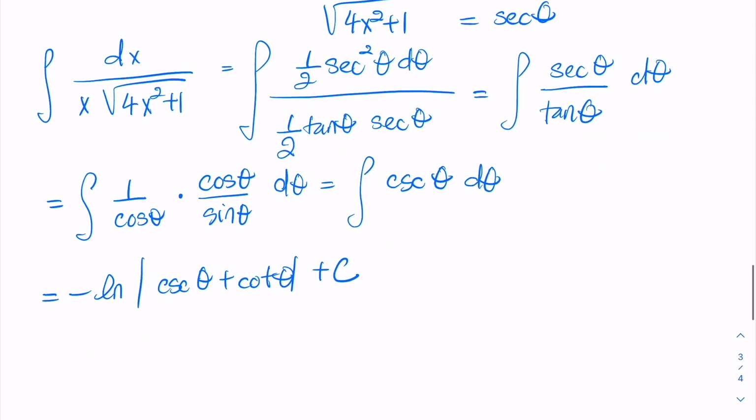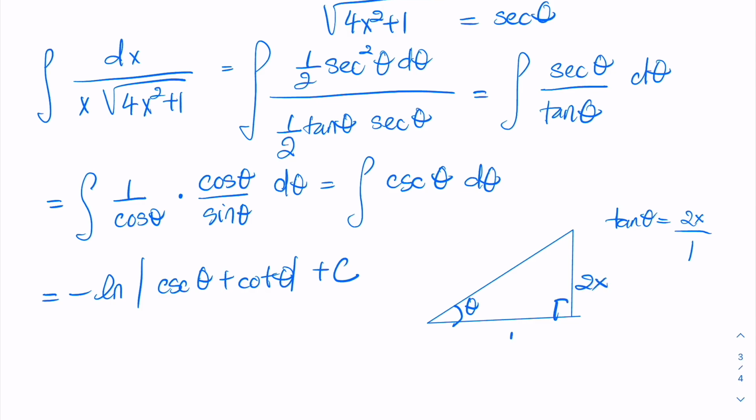So now I'm going to go back and use x. So before we do that, we need the triangle. So that's my theta right here. So originally we have x equals 1/2 tangent theta. So tangent theta is 2x over 1. Tangent is opposite over adjacent.